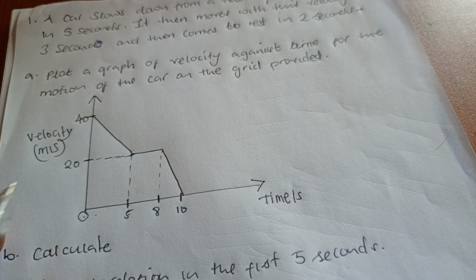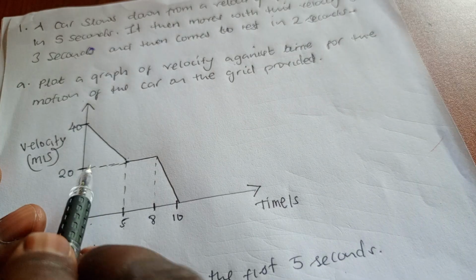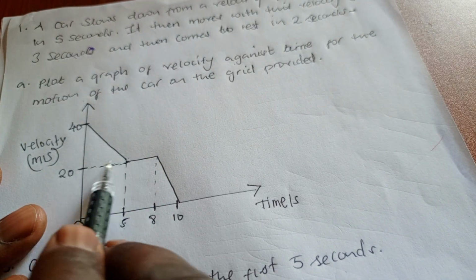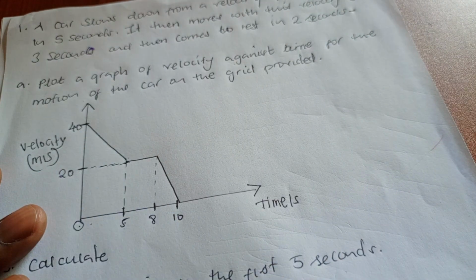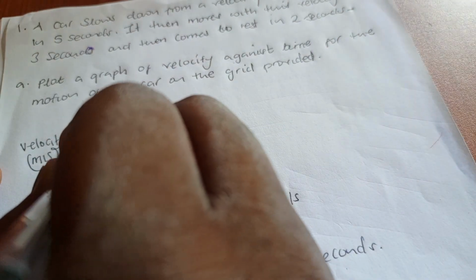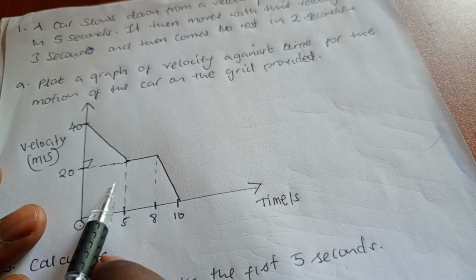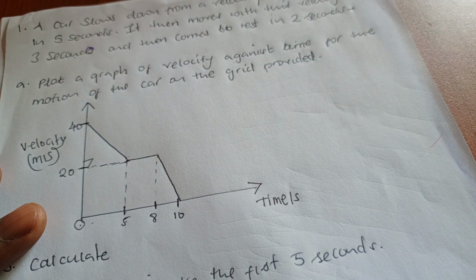I'll identify the shapes given. From here to here, this looks like a trapezium, and the part on top is a right-angle triangle. I find the area of the triangle plus the area of the trapezium, which will give me the total distance.